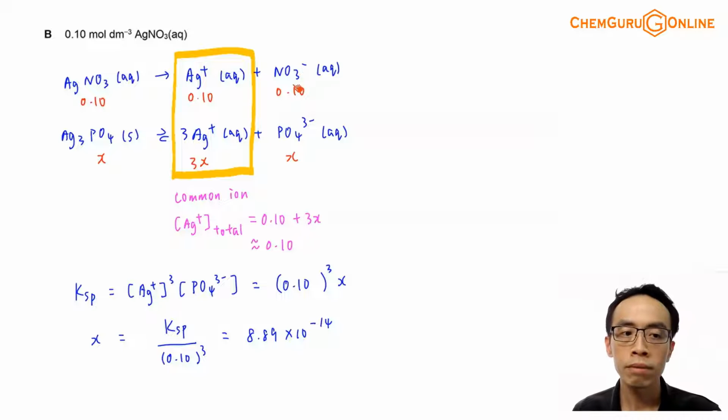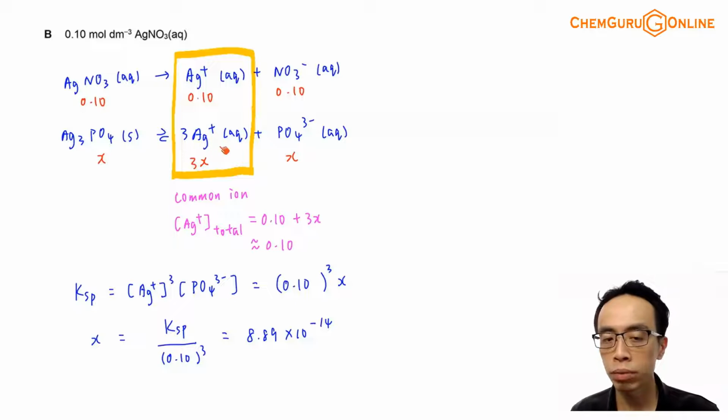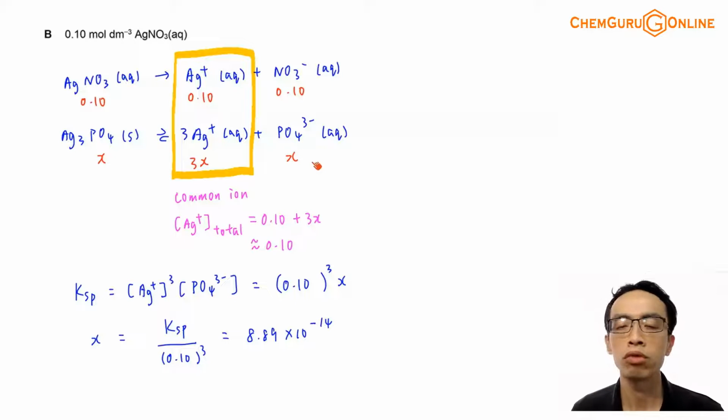Of course, we also have to consider the dissociation of silver phosphate. Same thing, 1 is to 3 is to 1. So if x is solubility for my salt, then x concentration of my salt will dissolve to give 3x concentration of Ag+ and x concentration of PO4 3-.